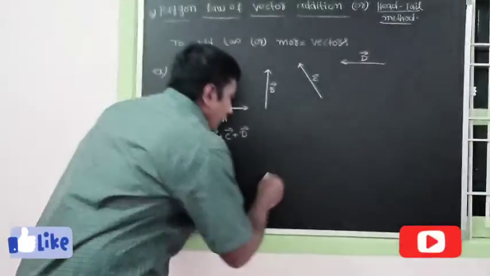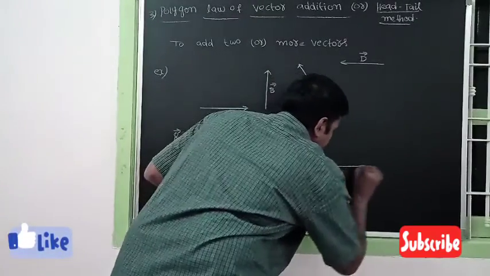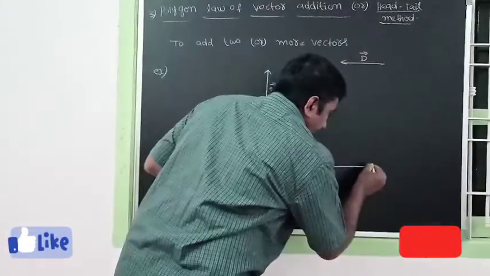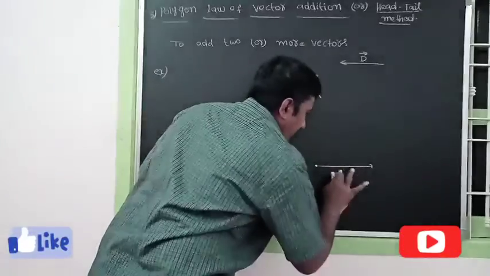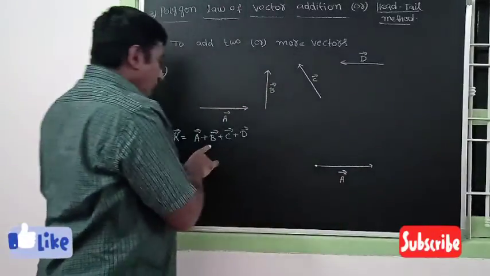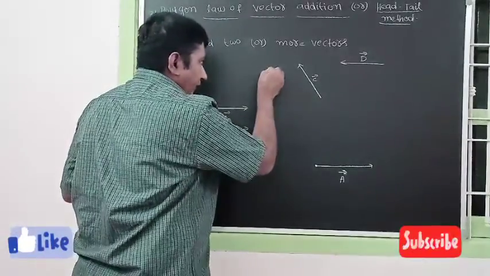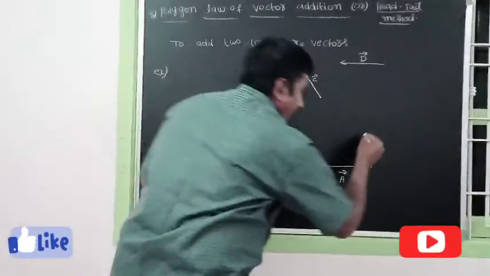First A: I am taking A first without changing its magnitude and direction. So this is the A vector. Now what should I add? I should add the B vector. This is a tail, this is a head. Head to tail: to the head we should attach the tail.